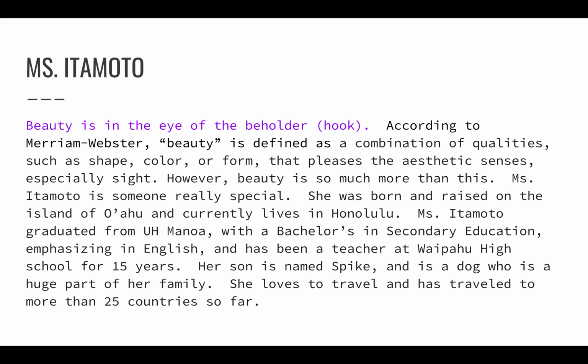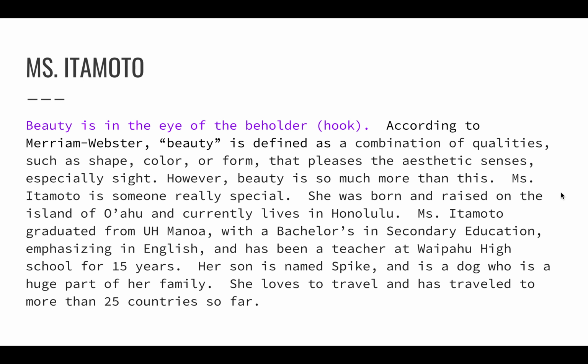So a good first point would be to start with defining what beauty is, since that's going to be the main subject that we're talking about. Okay. However, beauty is so much more than this. Now we need to go into the other parts, the other subject. The other subject that we're talking about is Miss Itamoto. Miss Itamoto is someone really special.